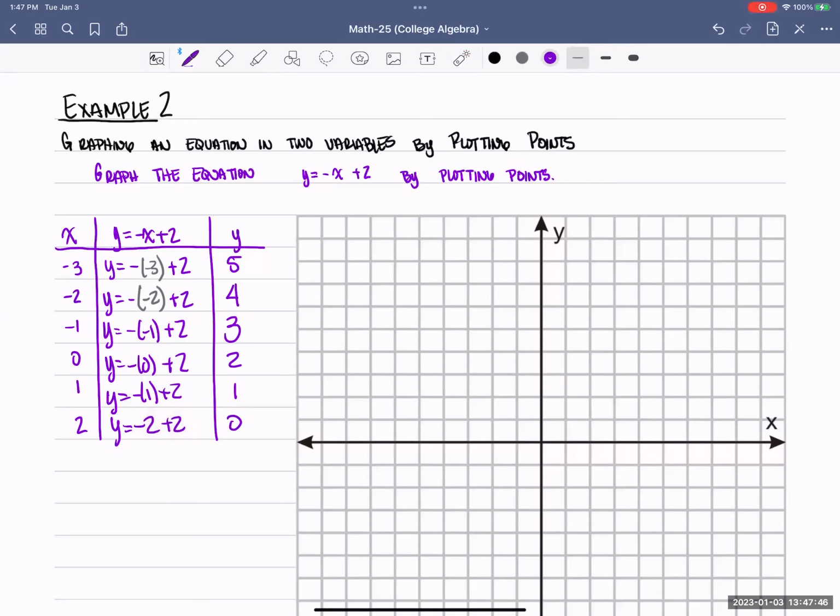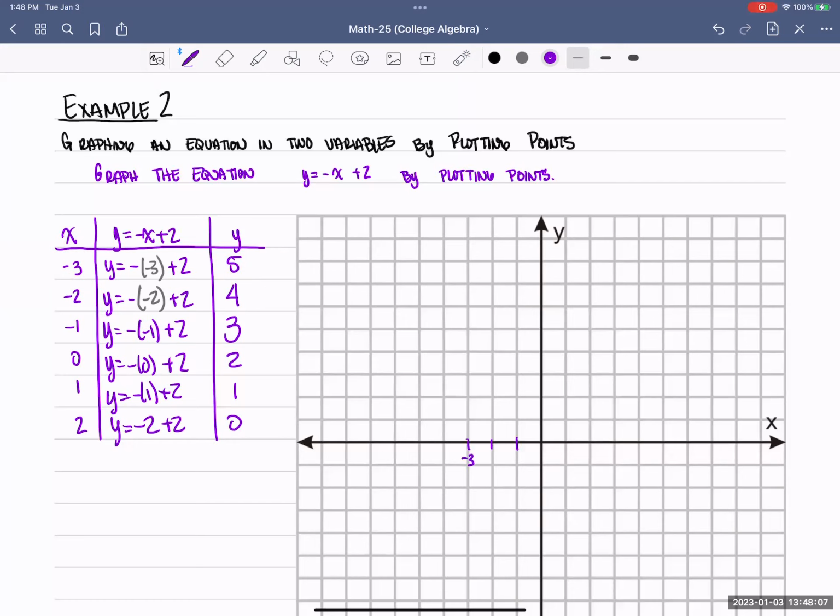And now we have these points here. We have the point -3, 5. So we're going left 1, 2, 3. That's -3.